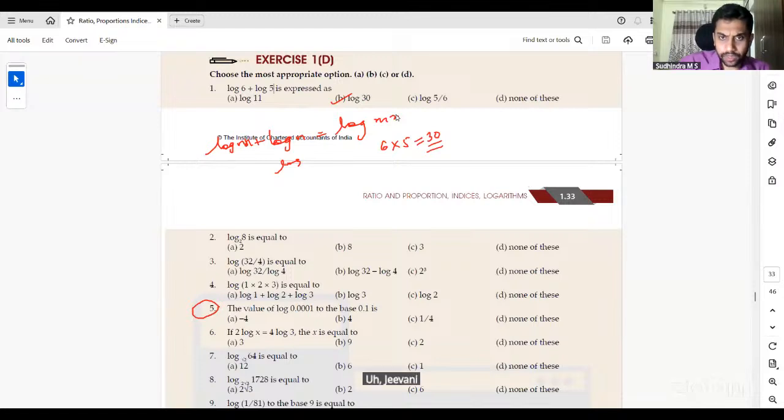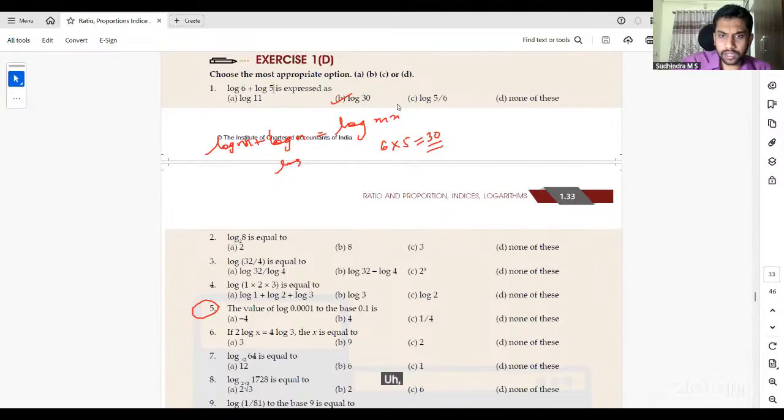G1, you have to recheck. All others correct answer. Samriddhi, you have to recheck.